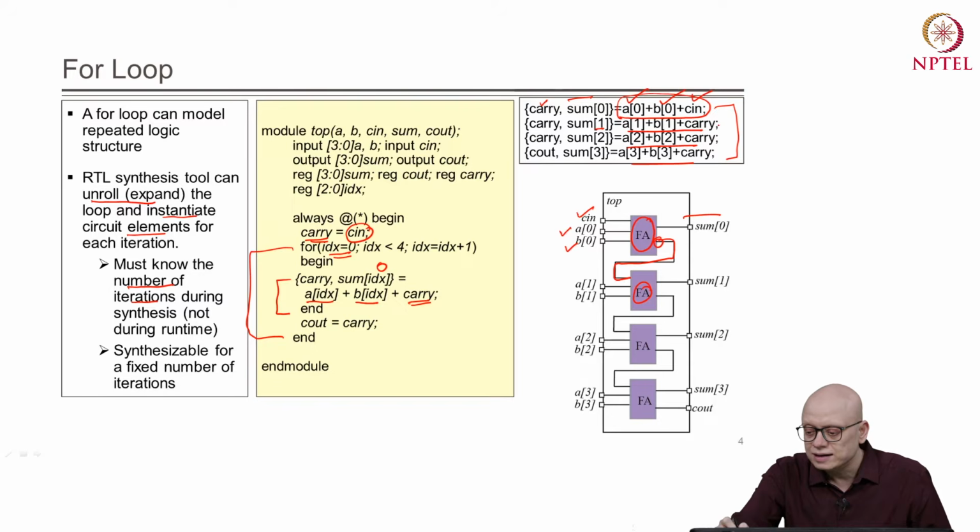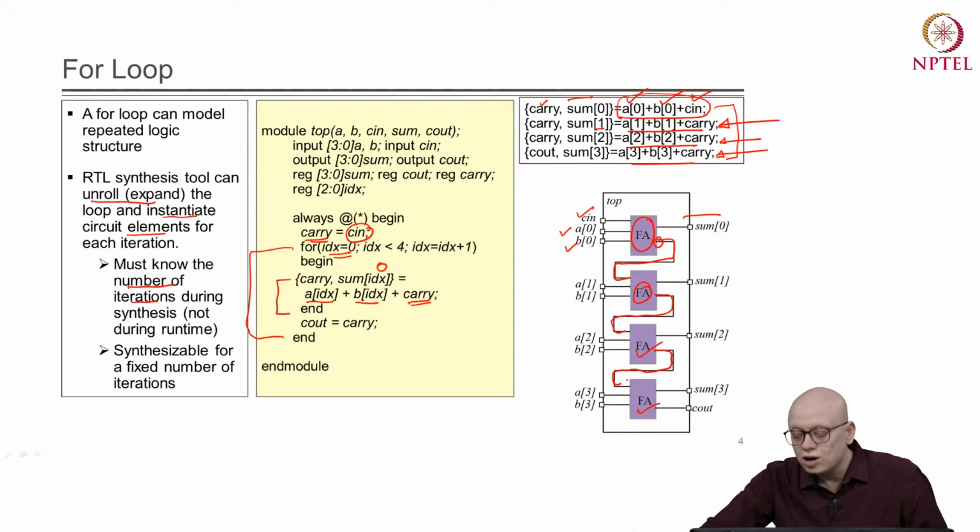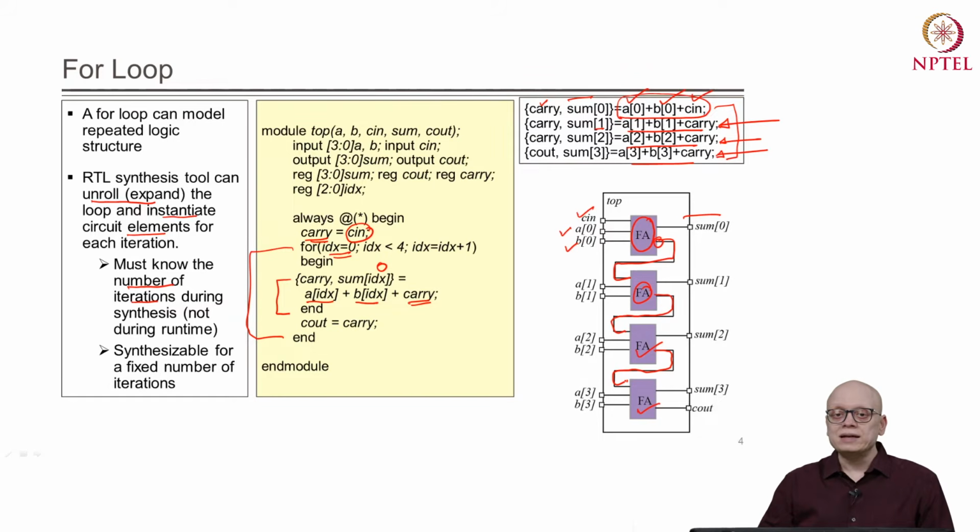This is the second full adder, it represents the second RTL construct, the third one represents the third, and the fourth one corresponds to this. So, the carry out that is generated goes as carry in to the next stage, and so on. This is how the for loop will be synthesized in Verilog.